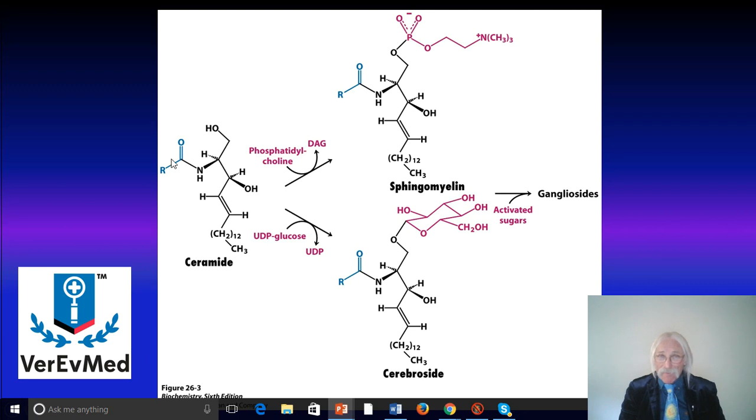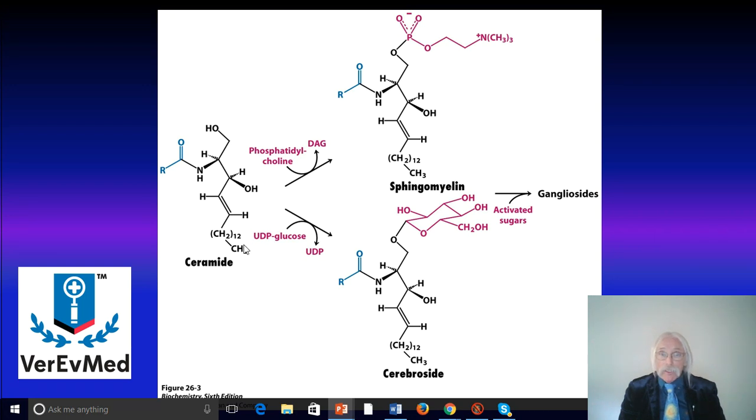Now, the kind of fatty acid you find there is usually a very long chain, either a monounsaturated 20-carbon fatty acid, or sometimes we find polyunsaturated fatty acids with multiple double bonds, either omega-3 or omega-6. So these are complex lipids, and they have a lot of signaling molecules associated with them upon hydrolysis and further metabolism.